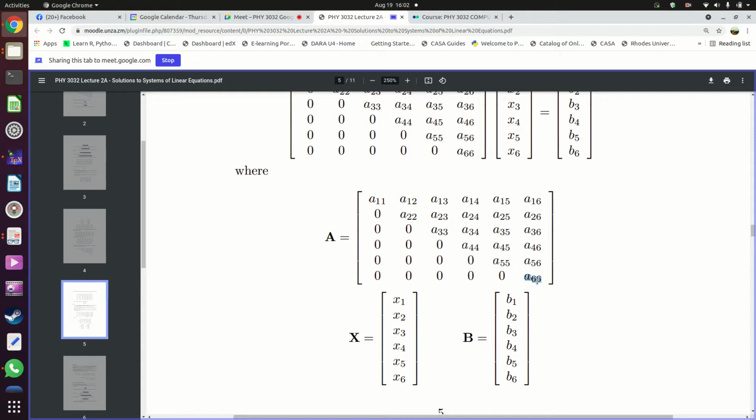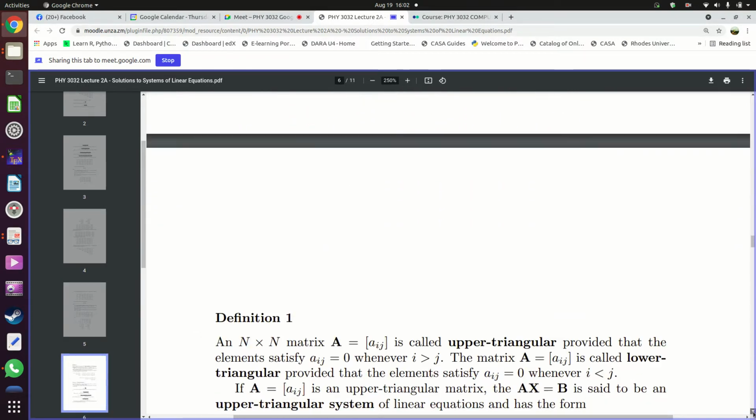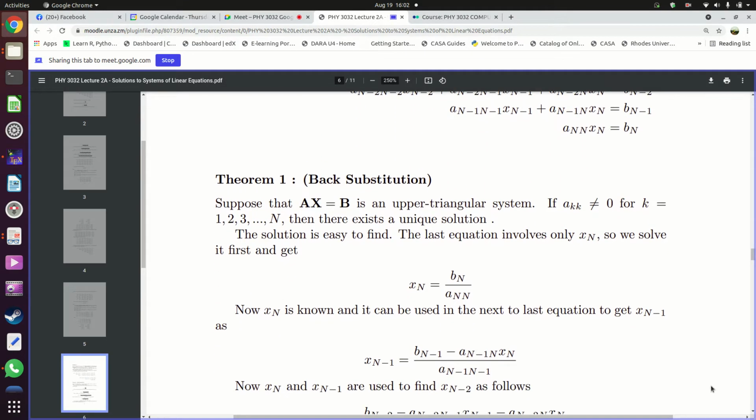So for you to be able to carry out back substitution, you have to make sure that all these diagonal elements, A11, A22, A33 and so on, none of them is equal to 0. Are we clear? Yes, sir.